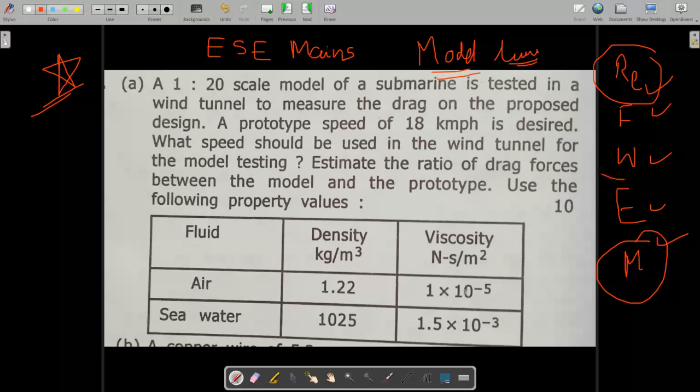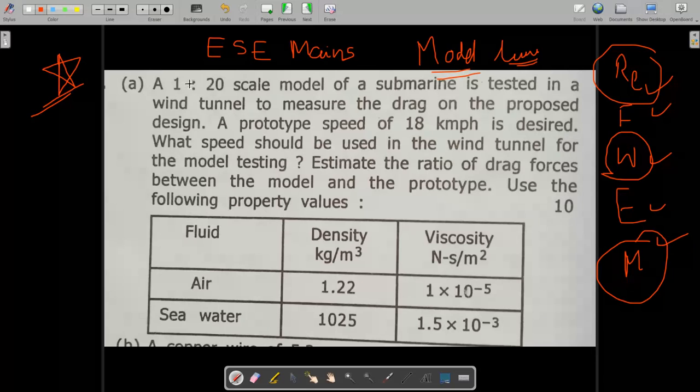If there is an open channel, then we follow Weber. But this is generalized, not specific. It is not always true. Sometimes in the GATE examination, Mach model law is also used for submarine or aeroplane testing.